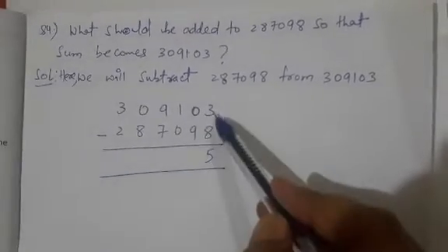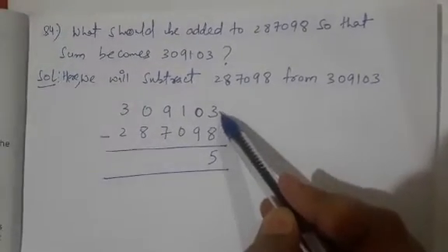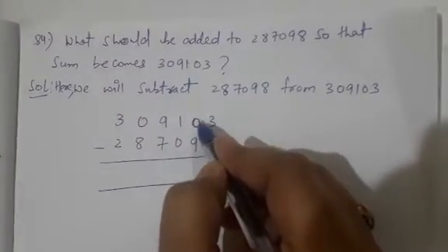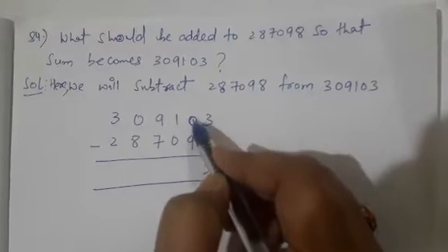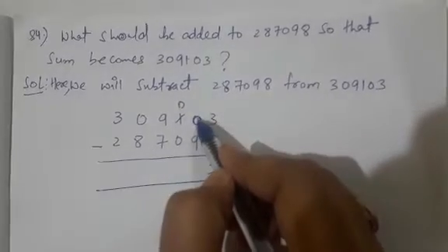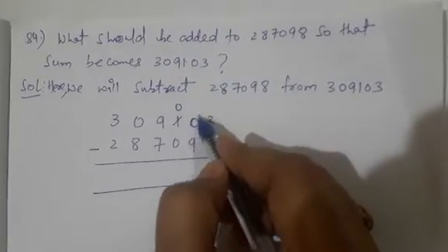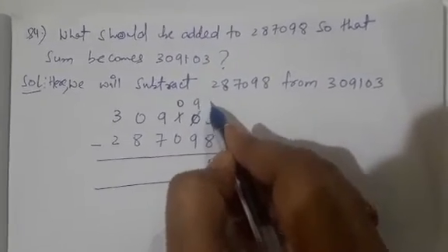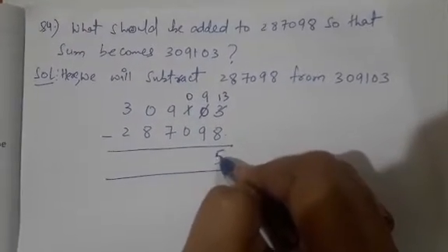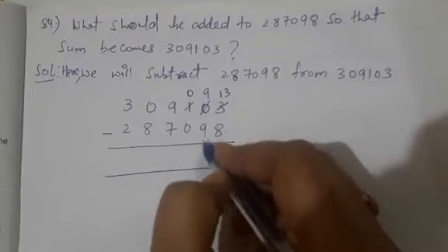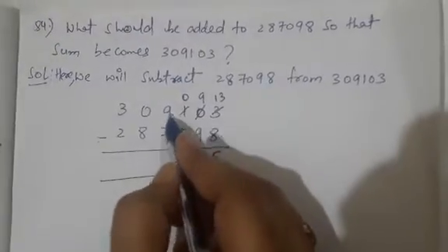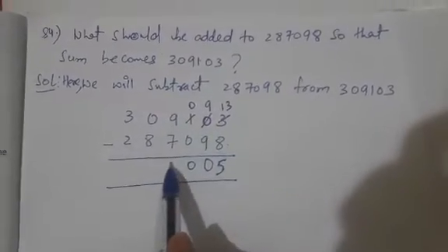While doing the solution, we can't subtract 8 from 3, so we will have to borrow 1 from here, but we can never borrow anything from 0. We have to move on to this number. This will become 0 and this will become 9 and this will become 13. 13 minus 8 is equal to 5. 9 minus 9 is equal to 0. 0 minus 0, 0. 9 minus 7 is equal to 2.